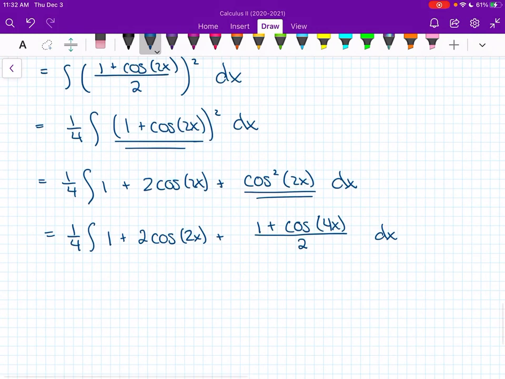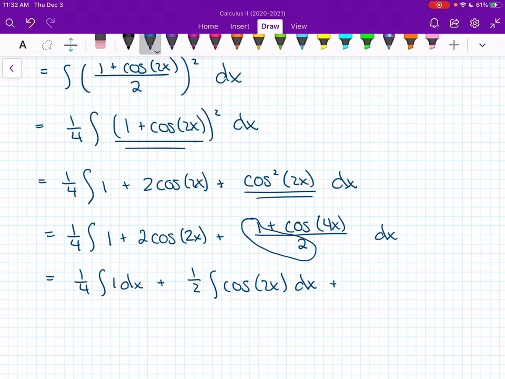And then I'm going to go ahead and separate these as separate integrals. So I'm going to get the 1/4 times just my integral of 1 dx plus I'm going to pull out the 2, so I'm going to get 1/2 cosine of 2x dx plus, and then I have this first one as 1/2 times the 4th gives me an 1/8 dx.